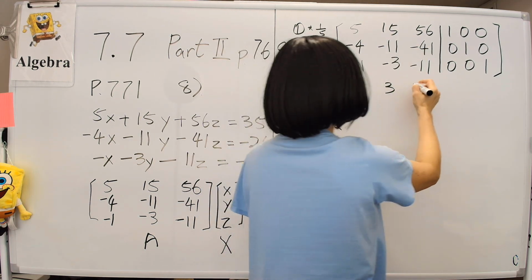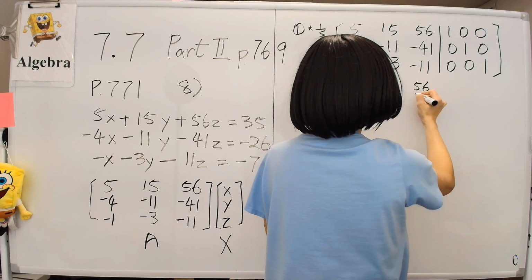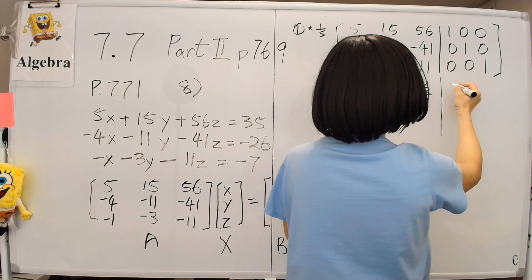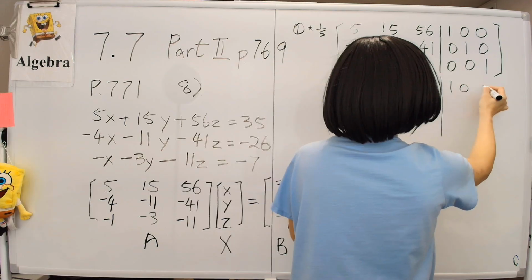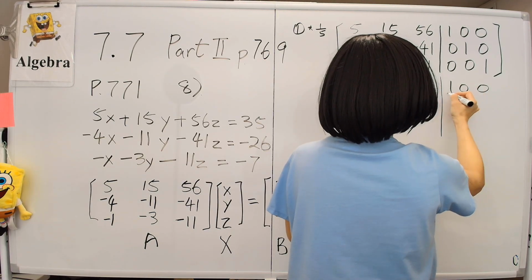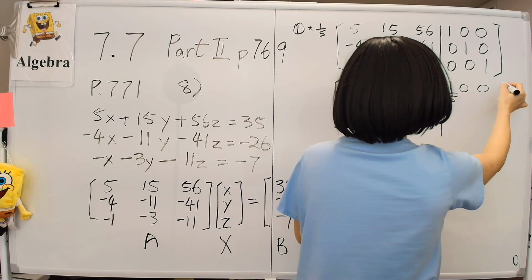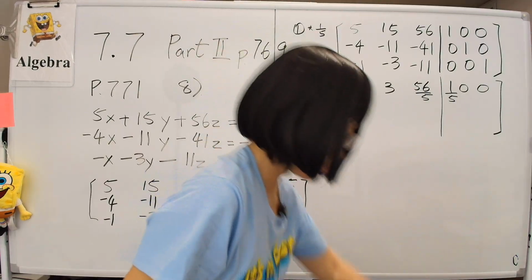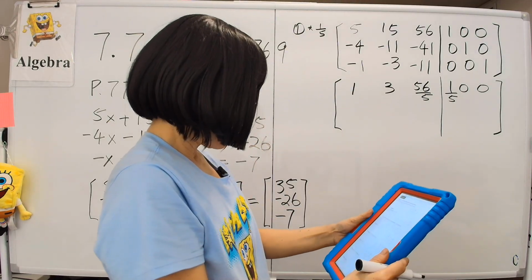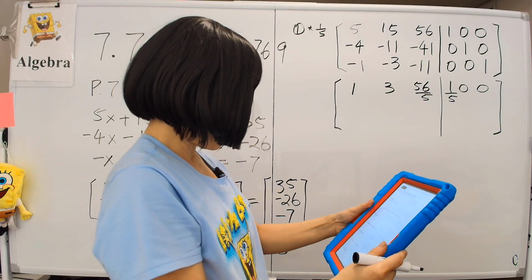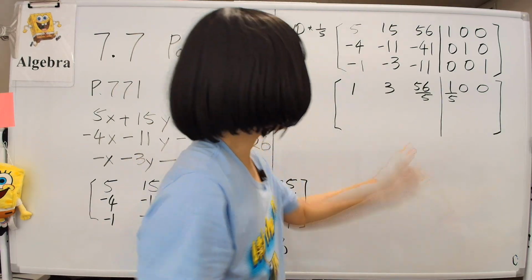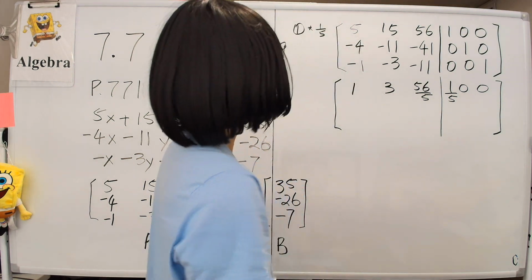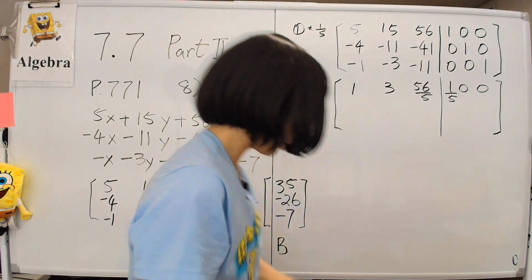That divided by 5 is some kind of fraction, and this side is also divided by 5. I forgot. Everybody has to divide by 5 because the entire row 1 has to be divided by 5. Yes, that's correct. When you do this process, the entire row has to be divided by 5. All right, so that's the first step.